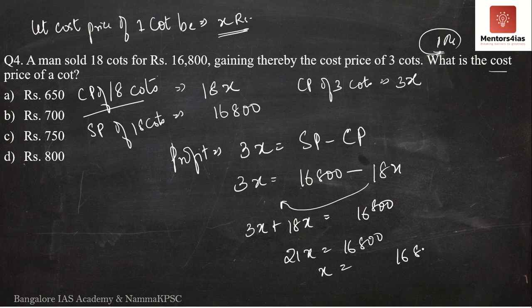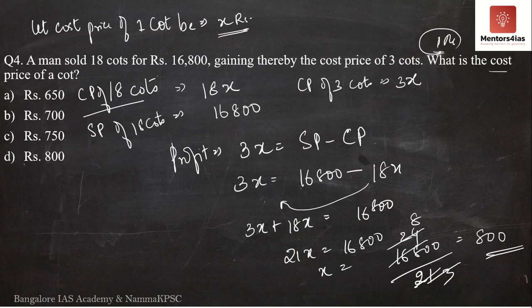Therefore x is 16,800 divided by 21. 21 is divisible by 3 and 7. Let me try with 7 itself. 7 twos are 14, 7 fours are 28, 7 threes are 21, 3 eights are 24. Therefore x is equal to 800.